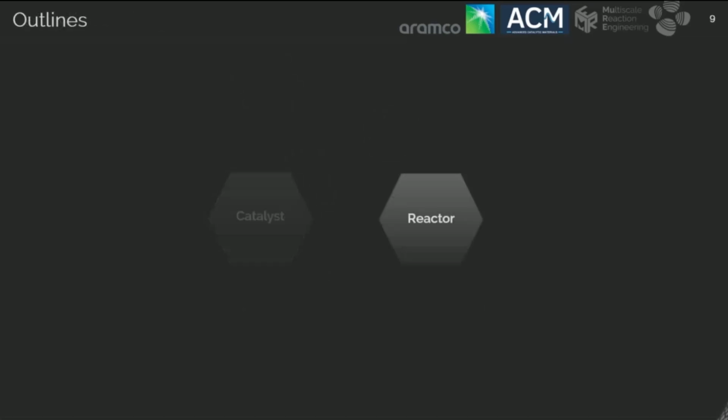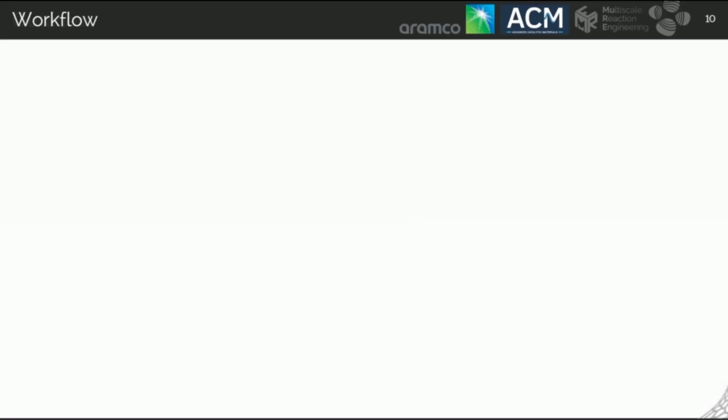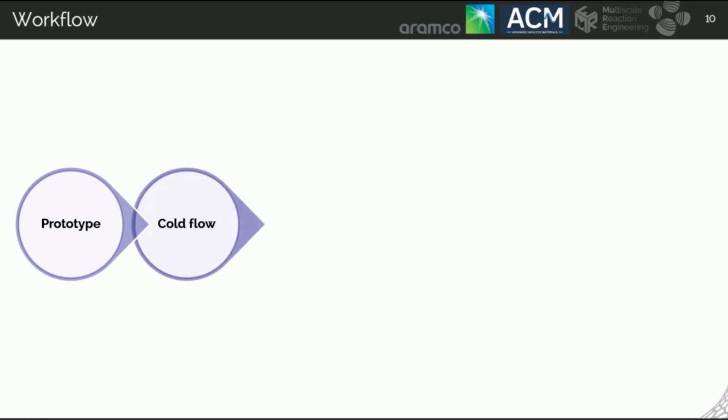So if we go over to the reactor, here is our process workflow to reach the final design. First of all, we propose a prototype, then we fabricate a reactor to do the cold flow experiments at room temperature with an inert gas, and out of this we measure the catalyst bed expansion.